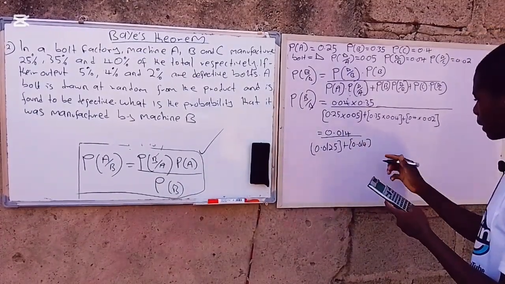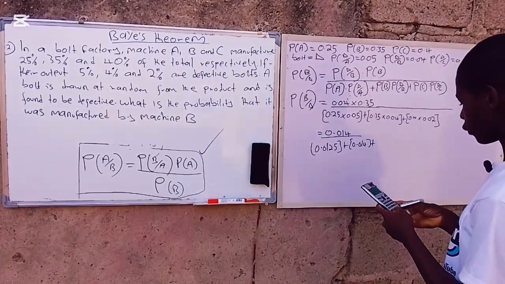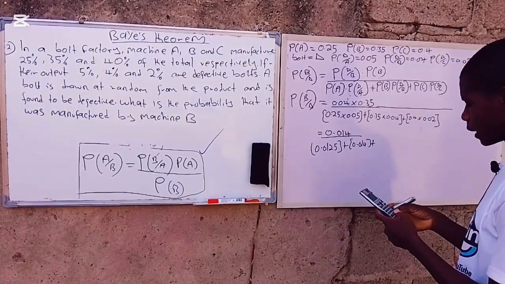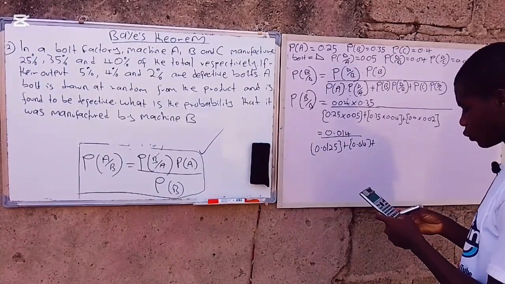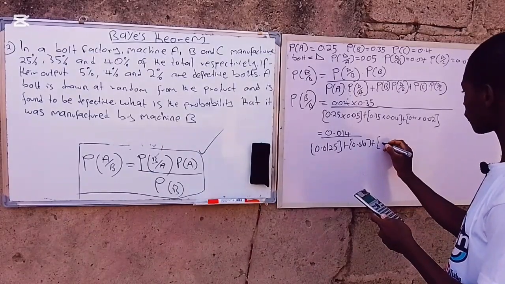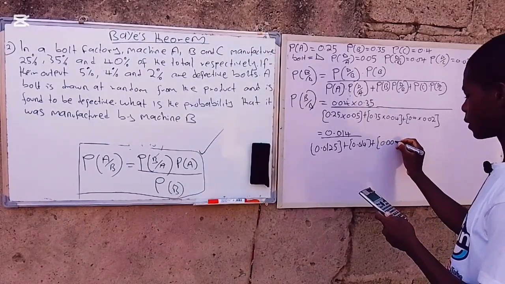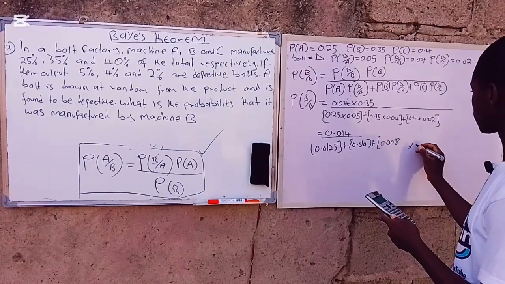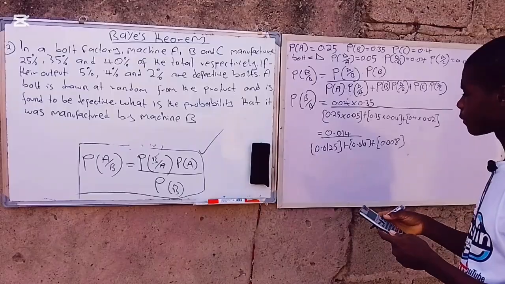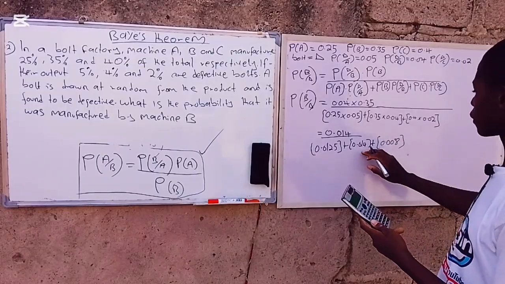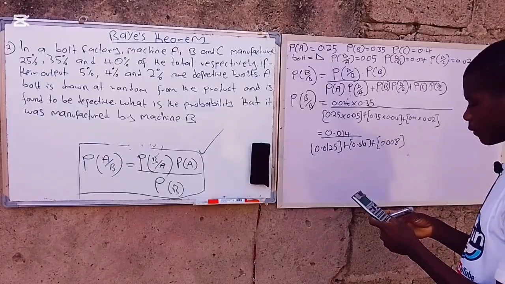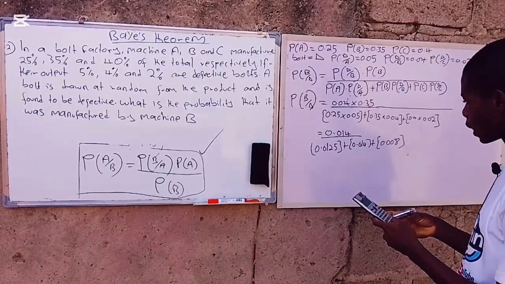So I have to say plus 0.4 multiplied by 0.02. This should now give me 0.008, which is the same thing as 8 times 10 to the power of negative 3. So therefore I have to say this plus this plus this: 0.0125 plus 0.014 plus 0.008.